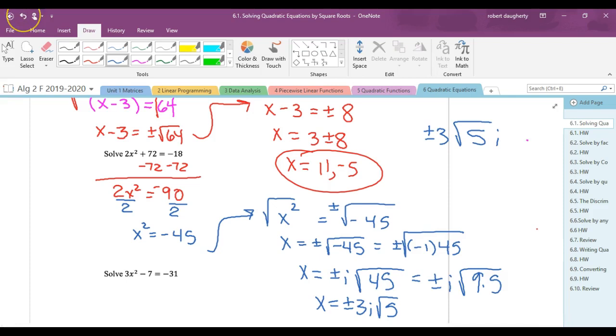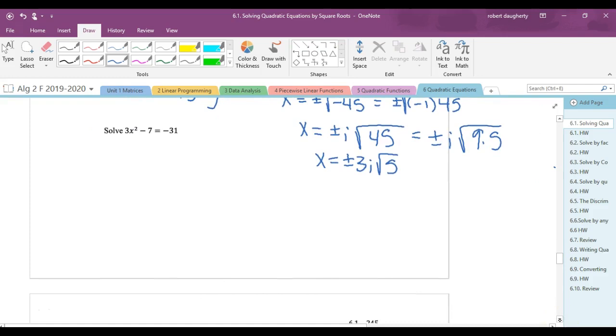Is it not under the radical? I don't know. So we typically just write it like this. Put the imaginary part in front, the square root on the end. You could write i3, but we don't write x3, we write 3x. We typically put the number first. So 3i times the square root of 5. Let's look at the next guy.